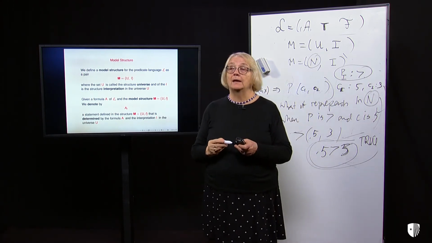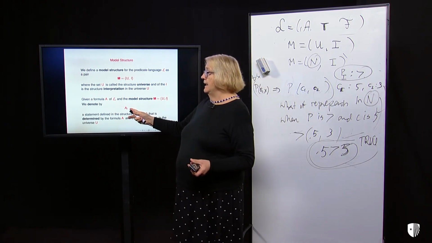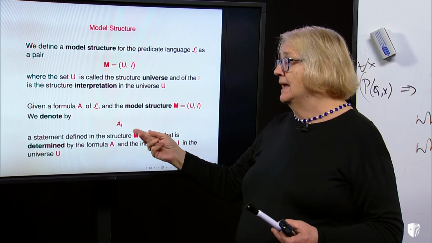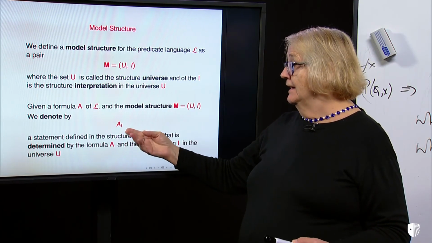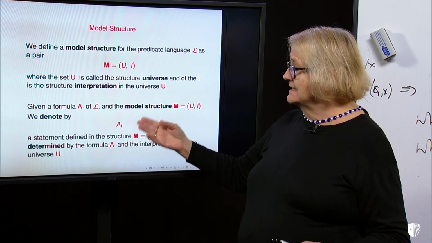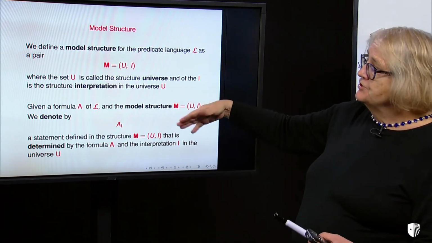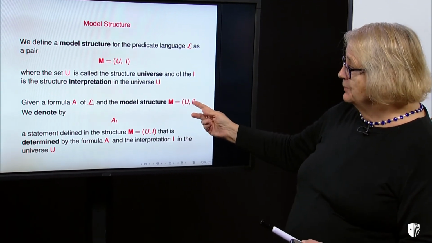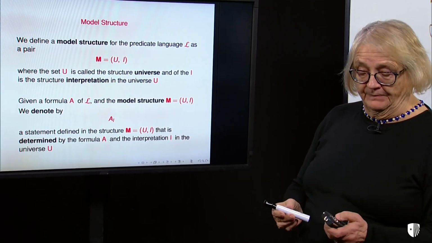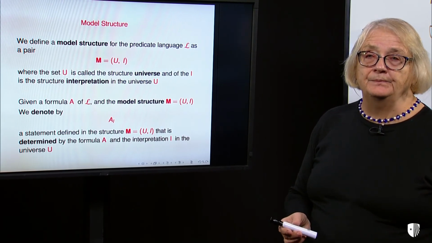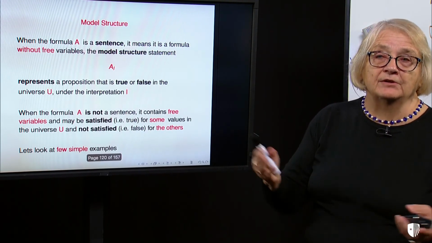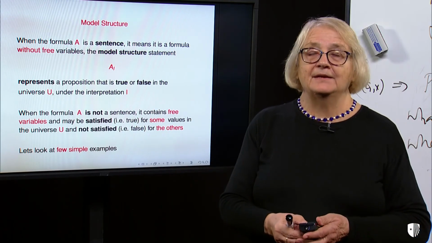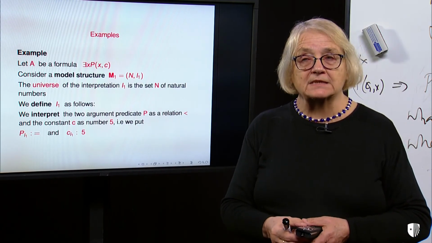So for a formula, I denote by A_I a statement which is defined when you interpret everything in the given universe. That is a very complex definition. You do it by many inductions and so on. But what does it mean?